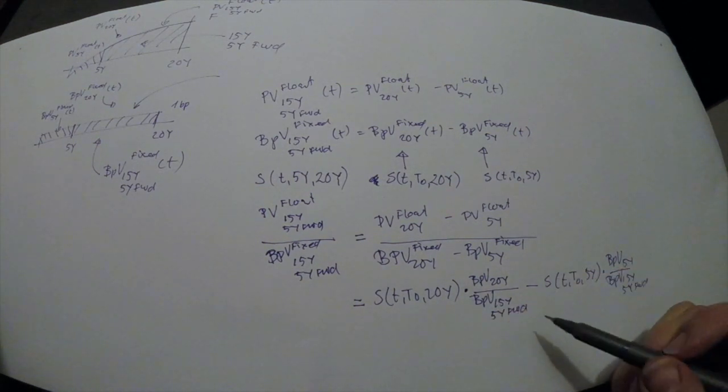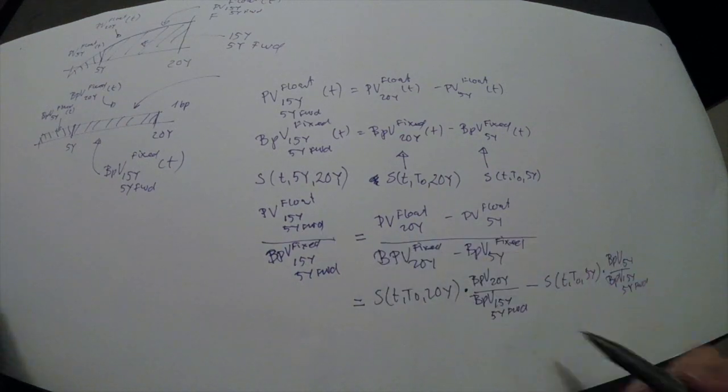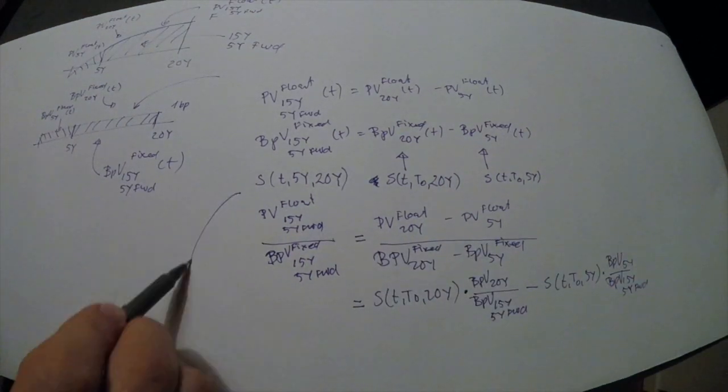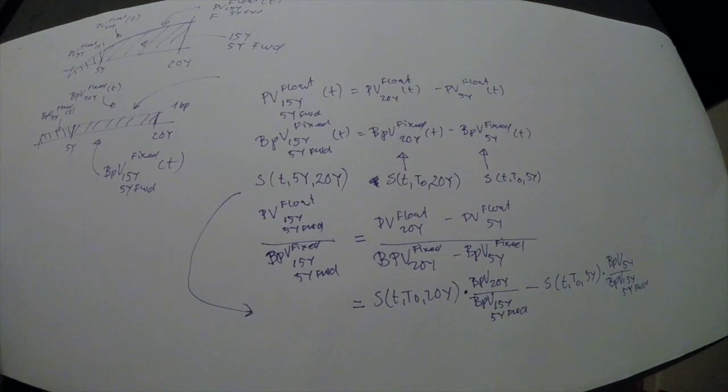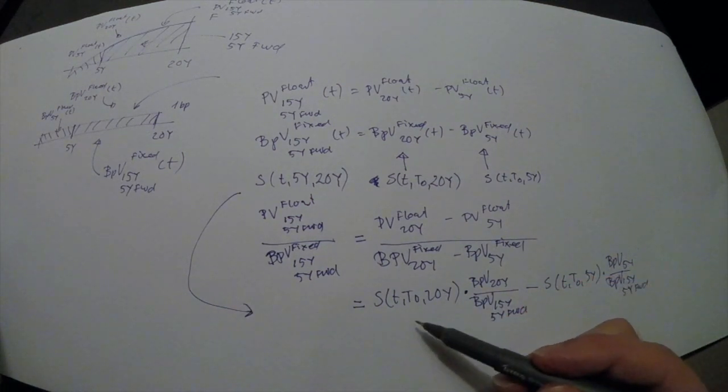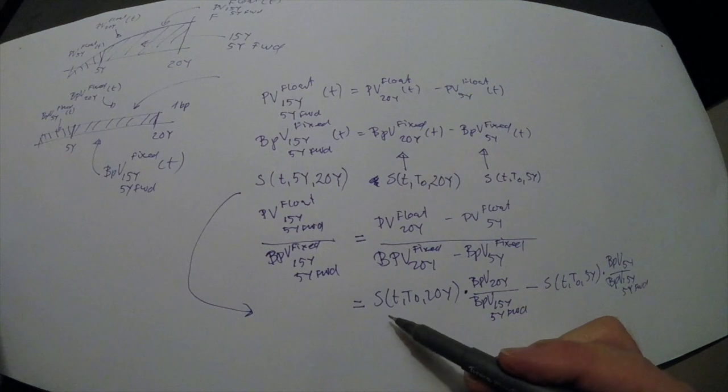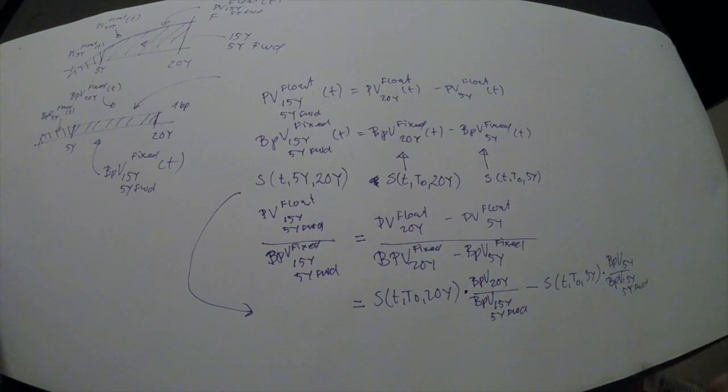Then I would claim that we could think of the forward starting swap rate as being a weighted difference of the long swap rate, the 20-year and the 5-year.